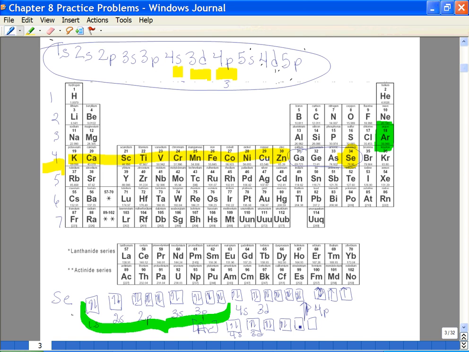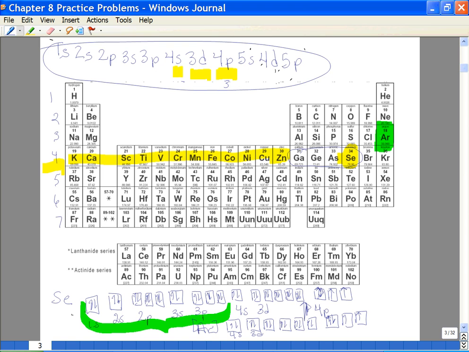So that shorthand notation allows us to save a little bit of time. So both ways are correct ways of writing orbital diagram notation for selenium.